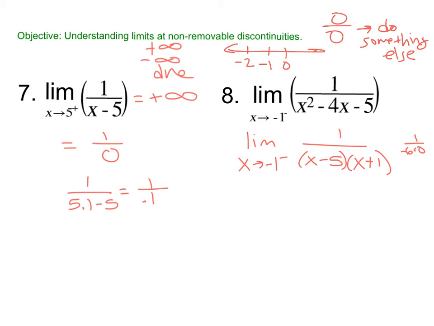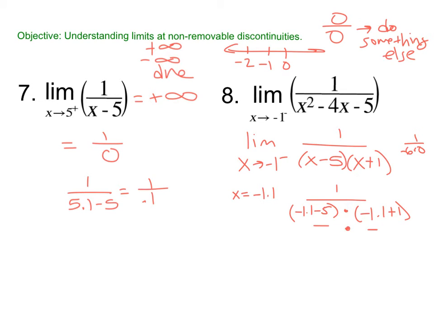So I'm going to plug in x equals -1.1 because I know my answer is going to be an infinity, but I'm not sure if it's positive or negative off the top of my head. So when I plug in, I get 1 over, so this is -1.1 minus 5, so that's a negative, and then -1.1 plus 1, that's a negative.